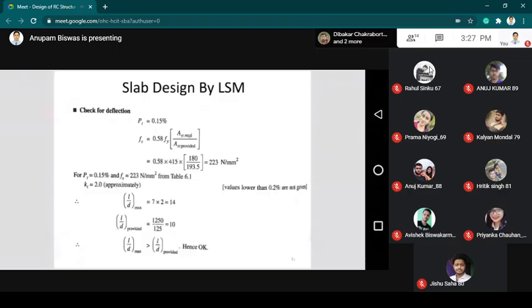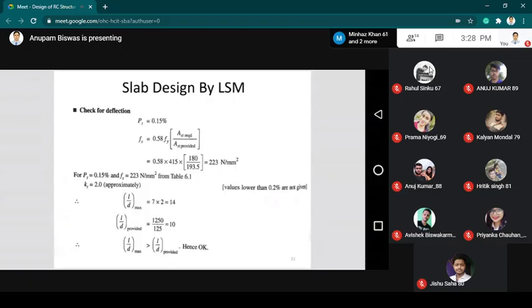So for the corresponding value of pt as 0.15% and fs 223 Newton per mm square, from there we take out the corresponding value of kt, that is 2.0. Then we obtain the L by d ratio.